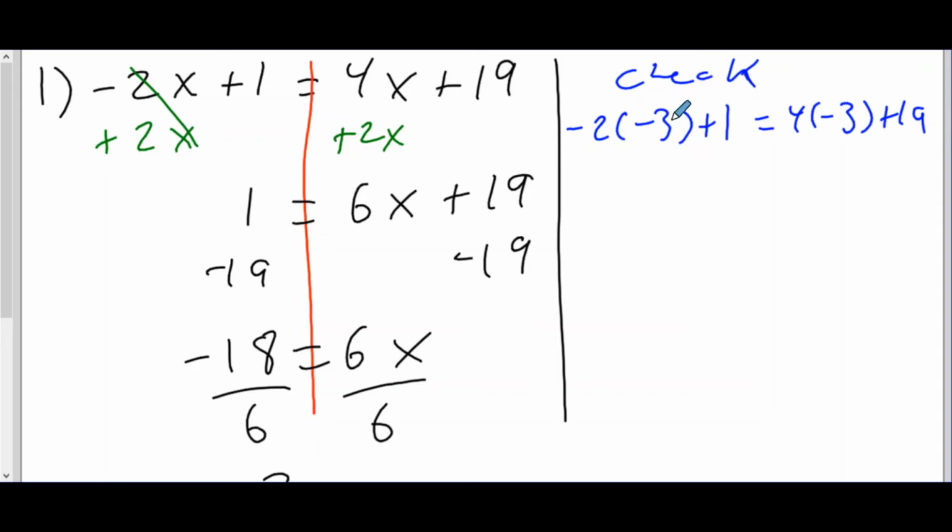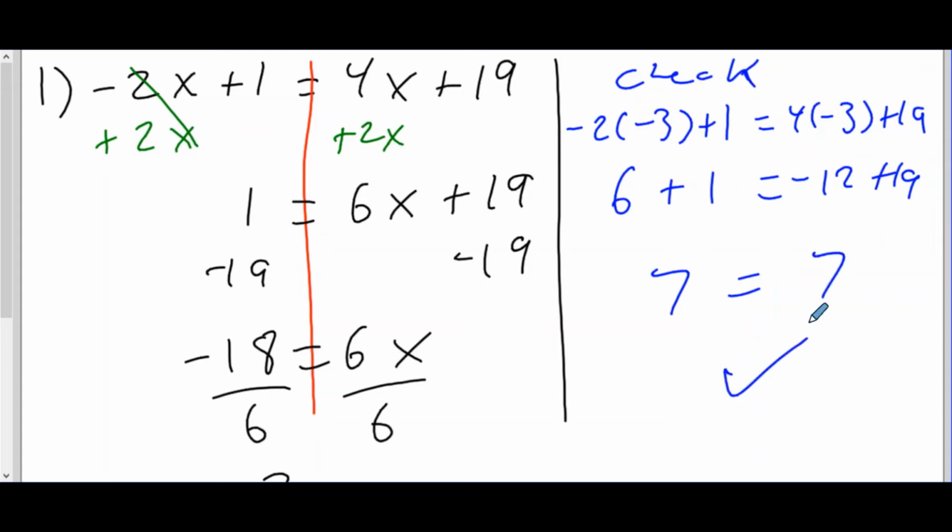So on the left, I'll multiply first. Negative times a negative is a positive 6 plus 1. And then over here, 4 times negative 3 is a negative 12 plus 19. All right, back on the left, 6 plus 1 is 7. Negative 12 plus 19, which is the same as 19 minus 12, is also 7. So both sides equal each other. I know I have the correct answer.